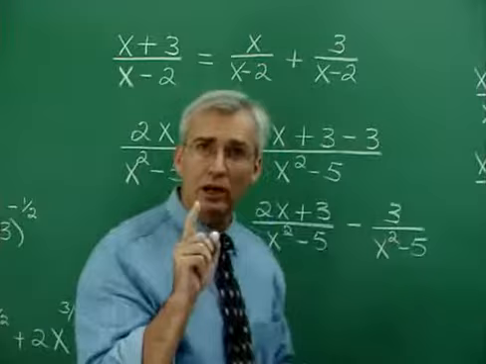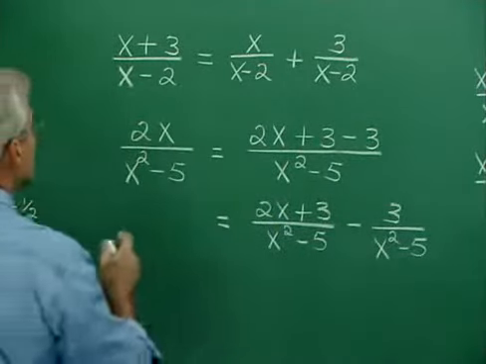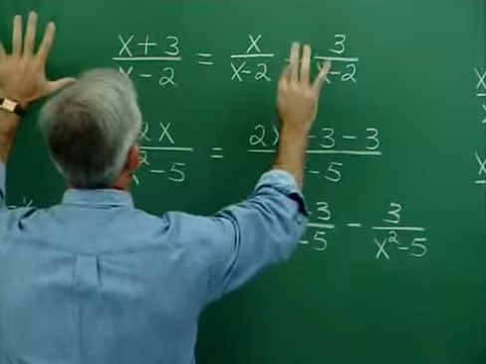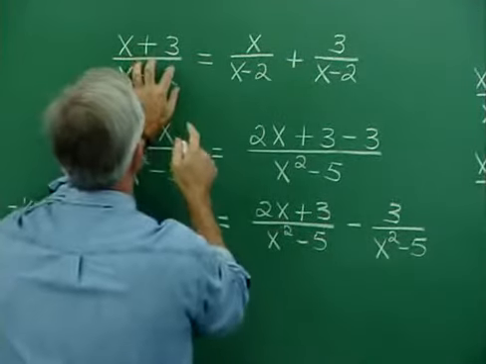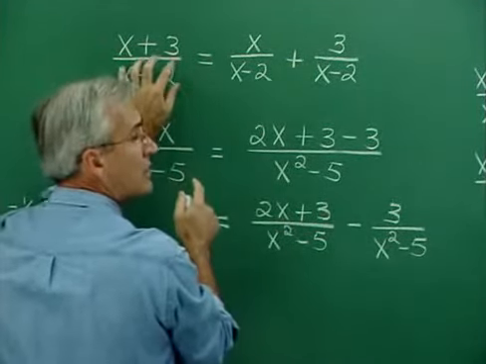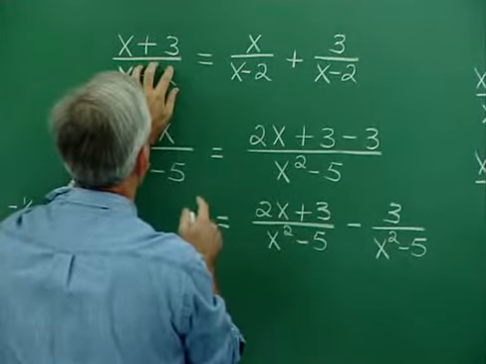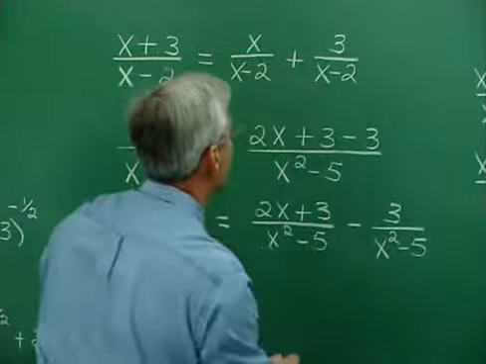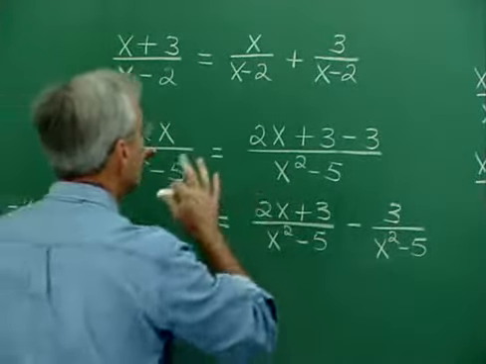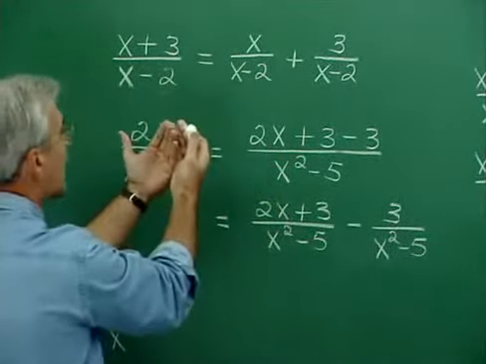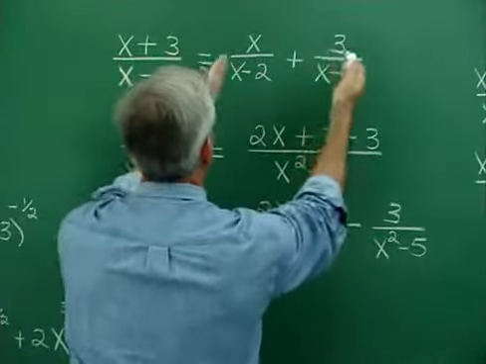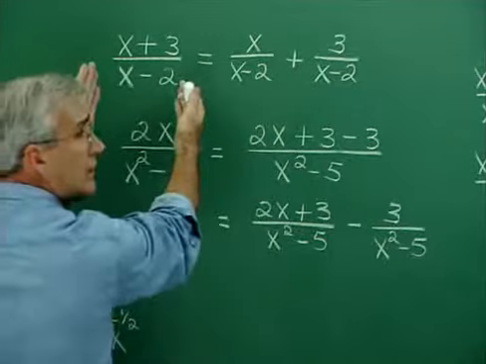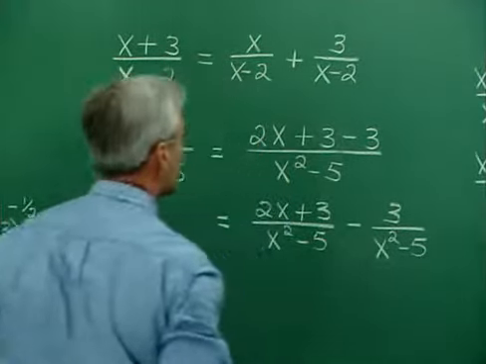We can use that kind of concept here and think of separating this fraction into two fractions by thinking of this as a single item. You see, it's a single binomial, and we can think of that binomial under the x and also under the 3 kind of as separate fractions. It's kind of undoing the idea of adding the two fractions. After all, we've gone in this direction many times. We have a common denominator, we simply add numerators. Well, we're undoing that here, going the other way.